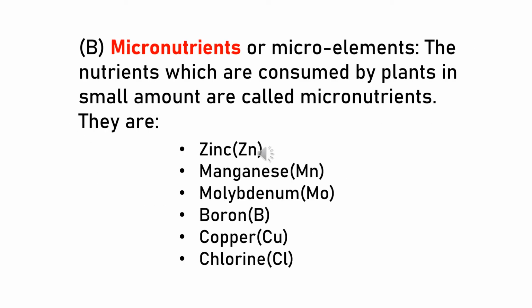Another group is micronutrients, or micro elements. Why are they called micronutrients? These are very essential for plants, but they are needed in a smaller amount. Those are zinc, manganese, molybdenum, boron, copper and chlorine.